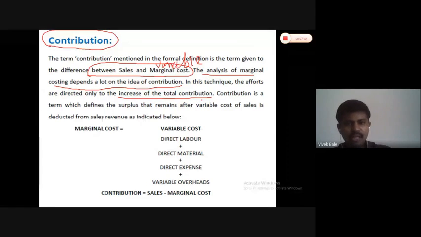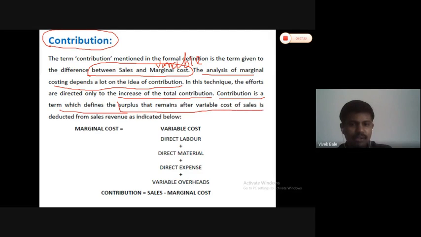And if the contribution increases while fixed cost remains the same, then from the contribution, if you minus the fixed cost, the maximum will be the profit. Therefore, contribution is the term which defines the surplus that remains after the variable cost of sales is deducted from the sales.